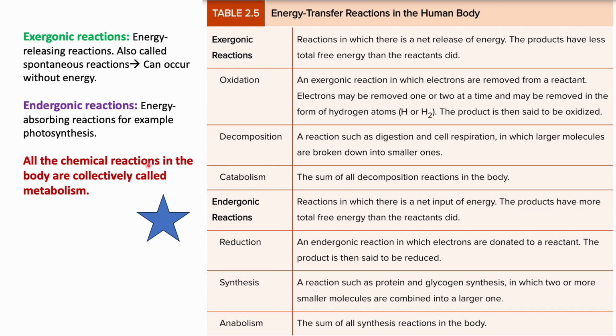All chemical reactions in the body are collectively called metabolism. So if I wake you up at midnight and ask, what is metabolism? All the chemical reactions in the body are called metabolism. All right? In these next couple of slides, we're going to go through energy transfer reactions. Some of them are exergonic and some of them are endergonic. They can occur without energy and they need energy to be able to occur.